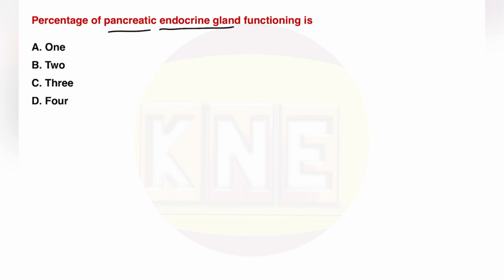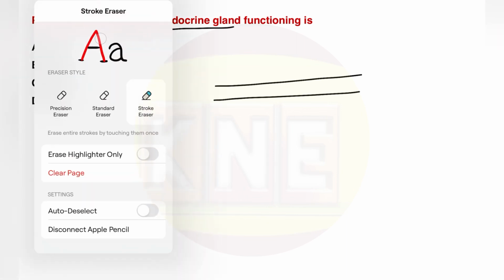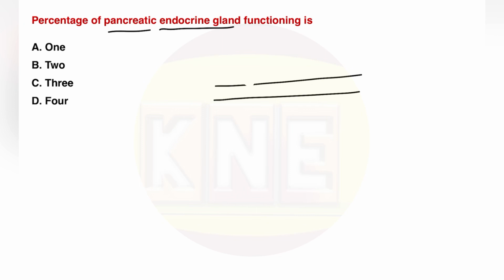See here we have a pancreatic duct. In the pancreatic duct we have little openings over there. These openings lead to the presence of what? Some ductular cells.